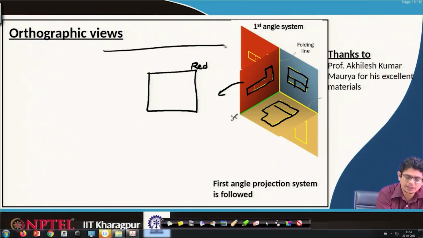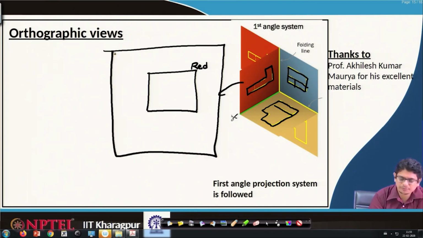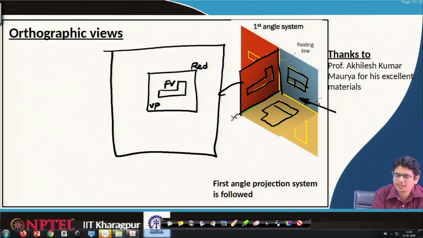If this is the drawing sheet, we first of all show this plane and the object on the vertical plane, and this is the front view, because the first one we are observing is in this direction. Whatever is present in front of the observer, that is what we call the front view.